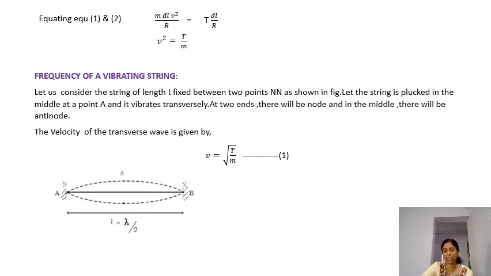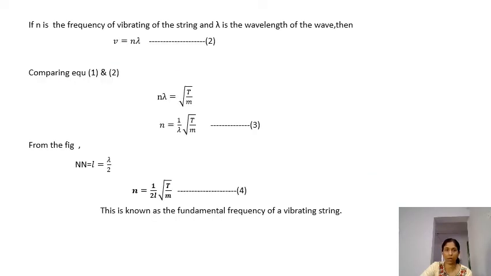For one cycle, what is lambda? Here we are considering L is equal to lambda divided by 2, half of the waveform. If a completed waveform is taken as wavelength lambda, we are considering only the half, so lambda divided by 2 is equal to L. If n is the frequency of the vibrating string and lambda is the wavelength of the wave, velocity is equal to frequency into wavelength.